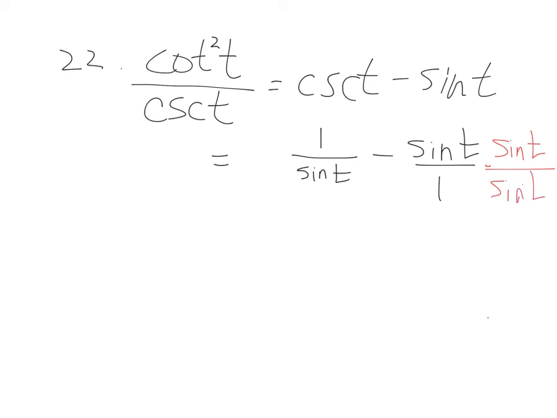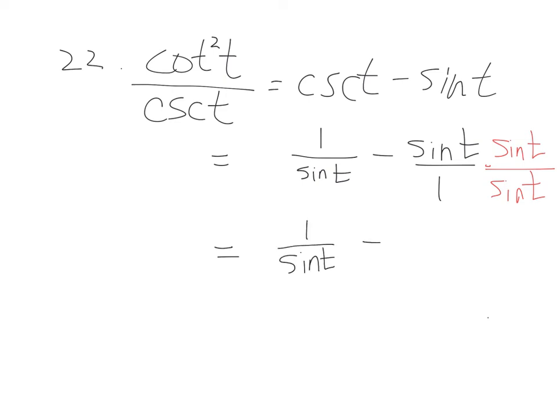It's like if we have 3/4 minus 5. If I want to combine 3/4 and 5, I got to multiply the 5 by the 4 over 4. Same here, I have a sine denominator 1, I got to multiply that second one by sine over sine. So now I have 1 over sine t.